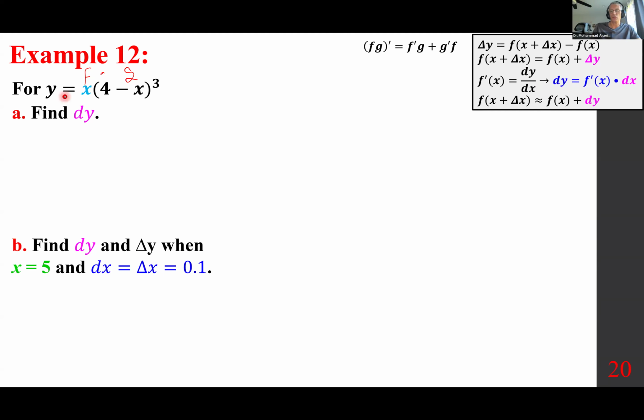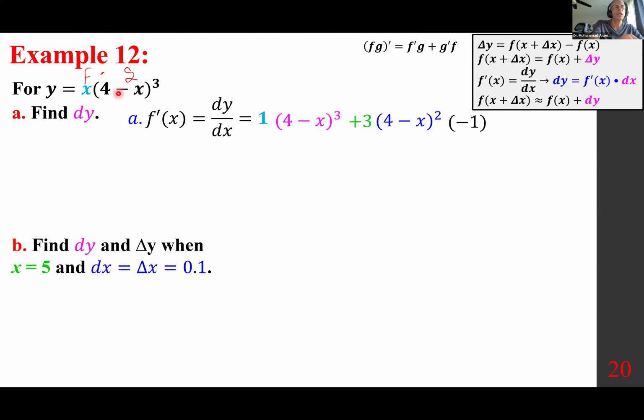So the derivative, or dy dx, is 1 times g, which is (4 minus x) cubed, plus g prime. The derivative of this one follows the extended power rule: 3 times (4 minus x) squared times the derivative of the parentheses, which is -1, and times f, which is x. As you can see, (4 minus x) with the smaller exponent, that means (4 minus x) squared, is in common.